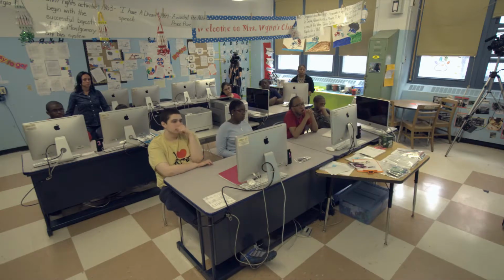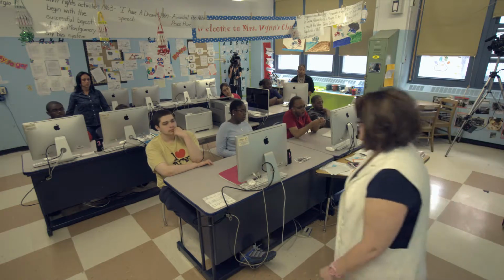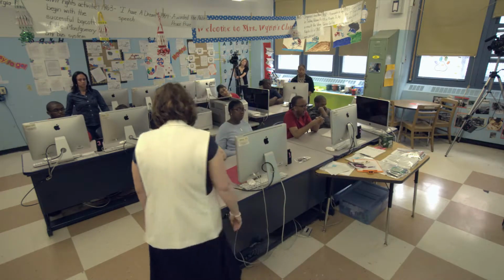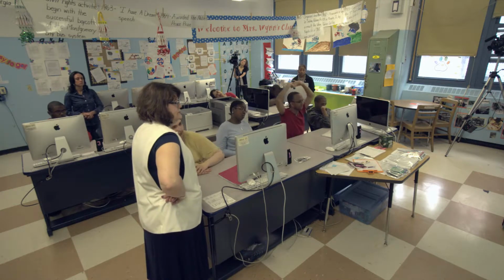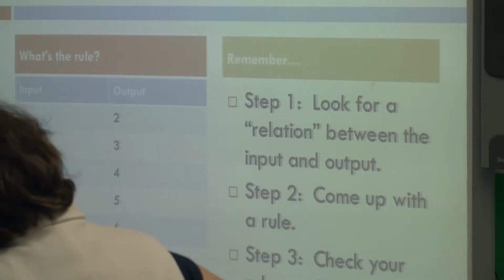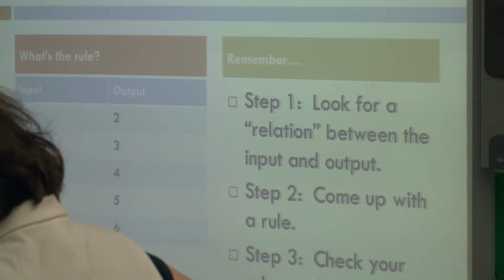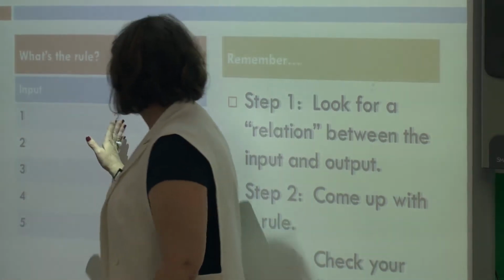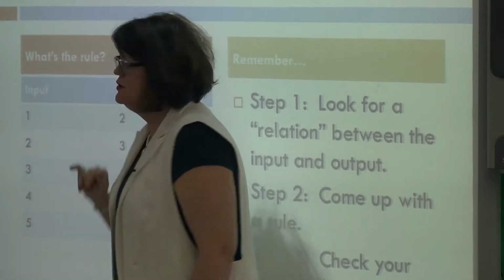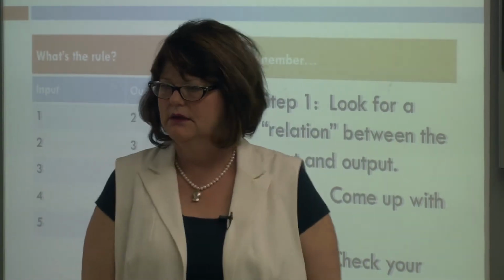Step 2. What's the second step? Come up with a rule. Did you come up with a rule yet? Let's see. I'm going from 1 to 2, 2 to 3. What do you think our rule could be?